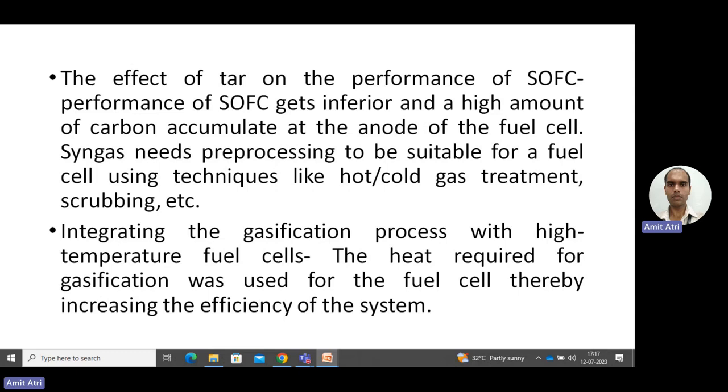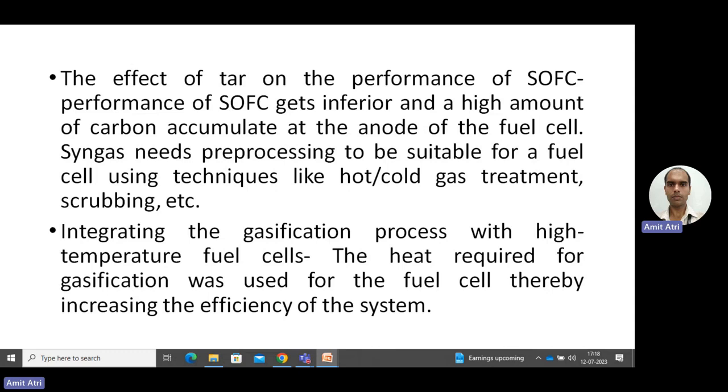So the heat required for the gasification can be obtained from the high temperature solid oxide fuel cell. The heat coming from the fuel cell is taken and supplied to the gasifier. So we don't need to produce heat separately for the gasifier.